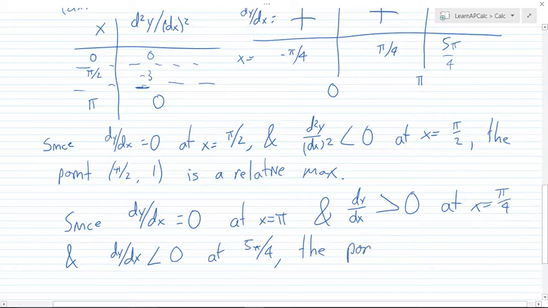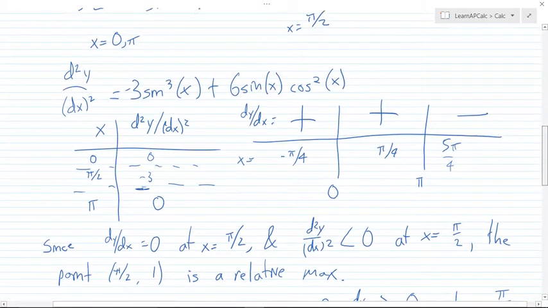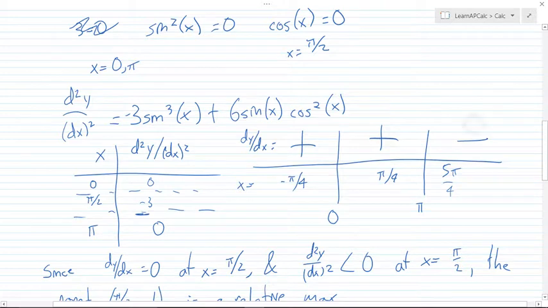The point pi, sine pi is 0, pi comma 0 is a, and I'm not exactly sure myself, so we go from increasing to decreasing, so relative max.